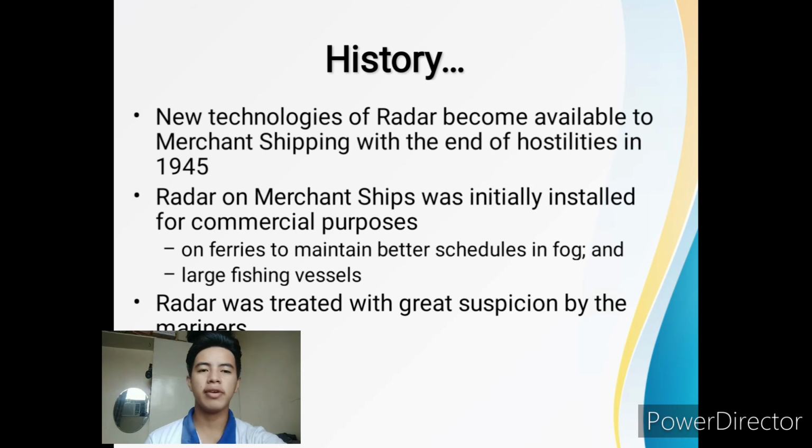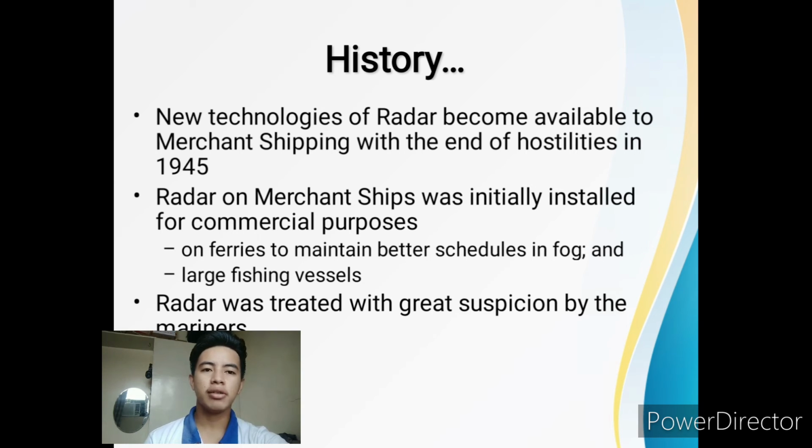History of radar. New technologies of radar became available to merchant shipping with the end of hostilities in 1945. Radar on merchant ships was initially installed for commercial purposes on ferries to maintain better schedules in fog, and on large fishing vessels.